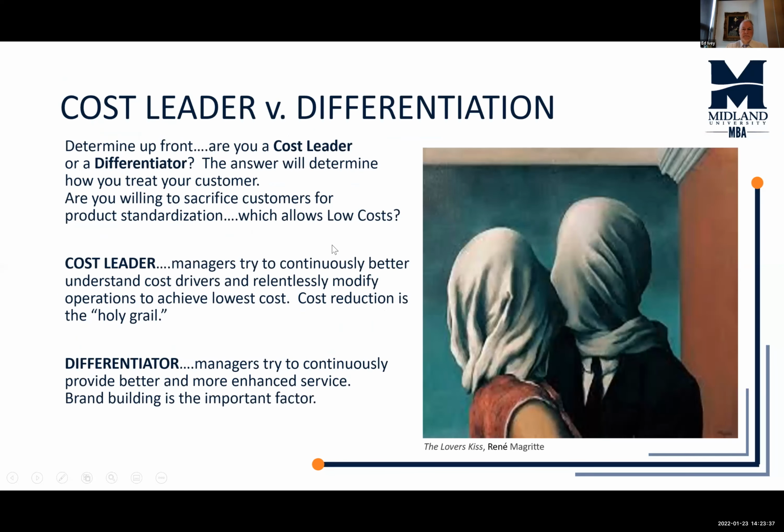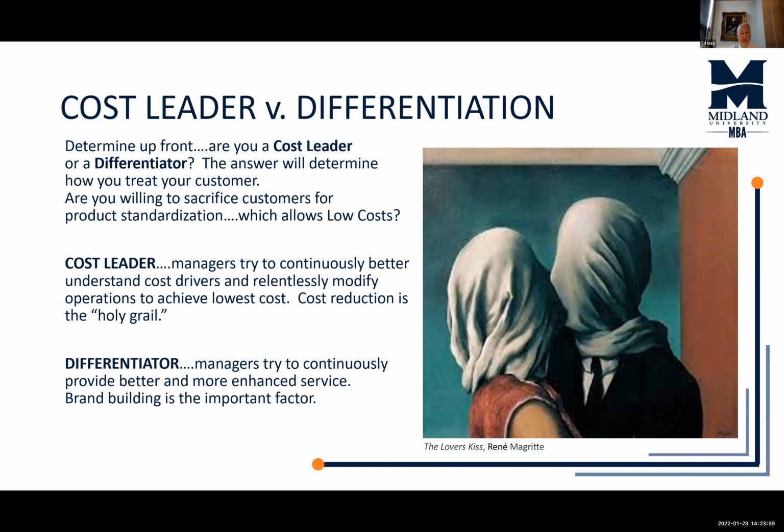So up front, are you a cost leader or a differentiator? This decision is probably the most important decision after the decision of where are you going to play, and how are you going to win? Then your third decision is, will you be a cost leader? Will you be a differentiator?